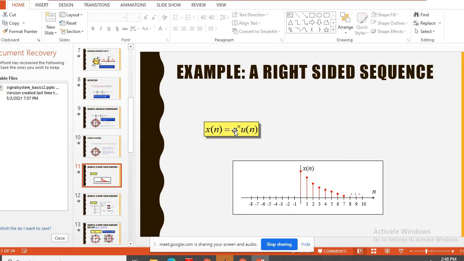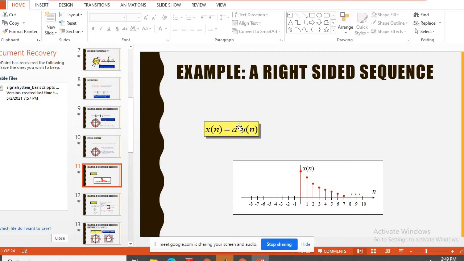Suppose if we start with a equal to 0, then 0 raised to n. But is it going to produce anything? No, 0. So let it be 1. A is equal to 1 and n is equal to 0, 1, 2, 3, 4, because along the x axis, which corresponds to the n time axis, we are going to produce these samples: n equal to 1, n equal to 2, n equal to 3, n equal to 4, n equal to 5, and so on.